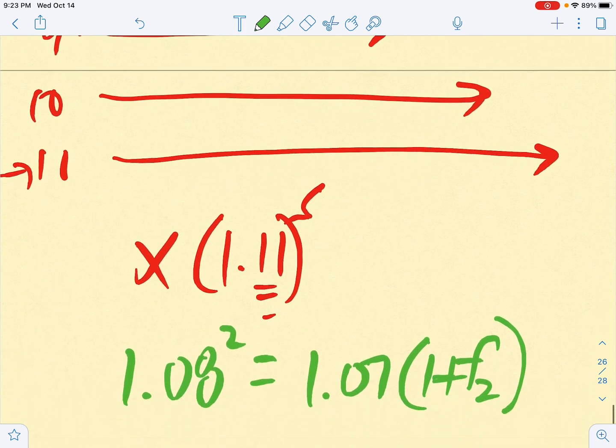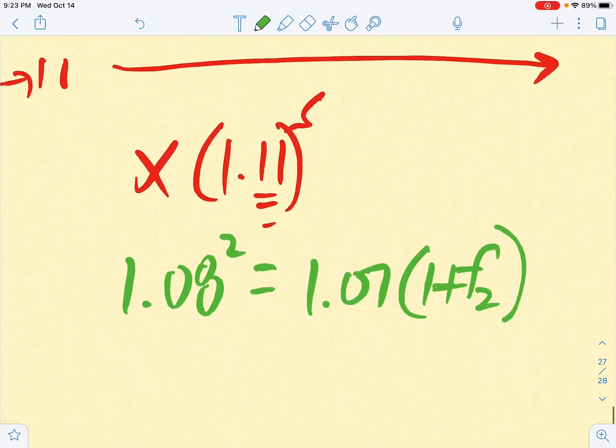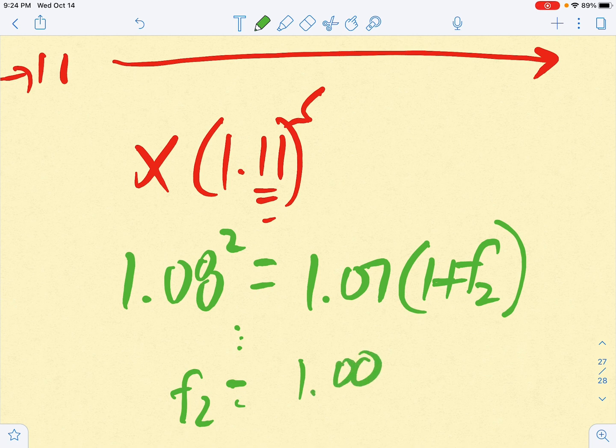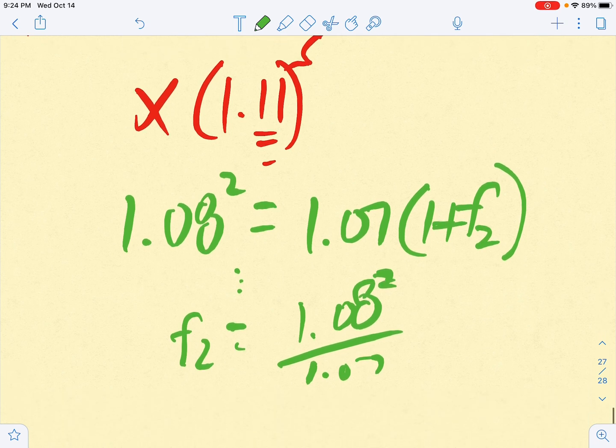And so this equation is important. You can see the algebraic manipulation would leave us with the following observation. The forward rate over the second period would be 1.08 squared divided by 1.07, minus 1.